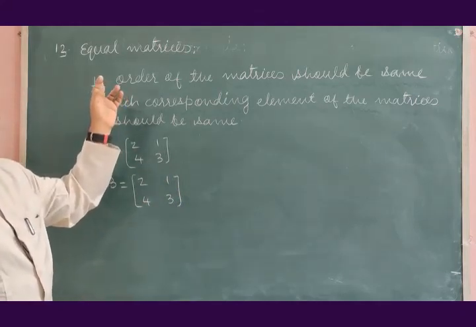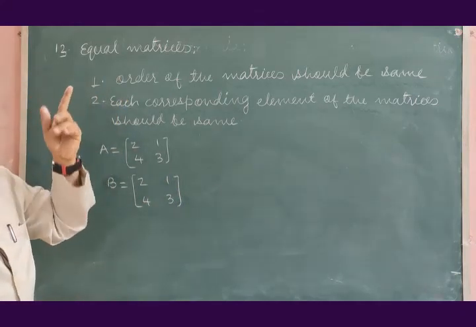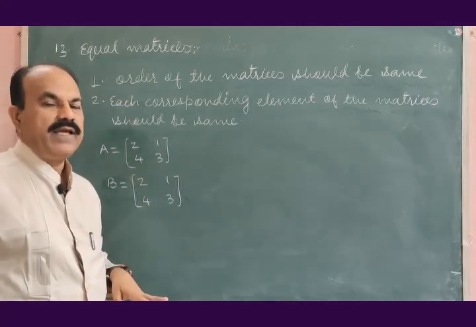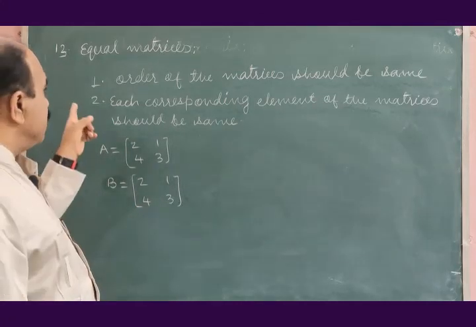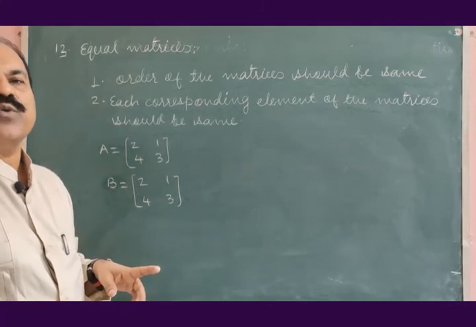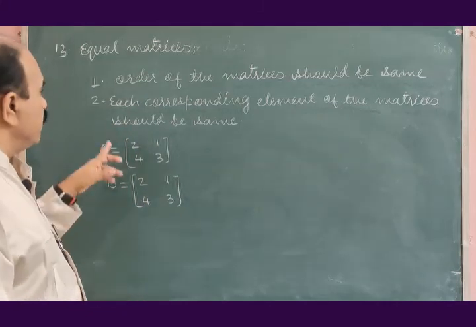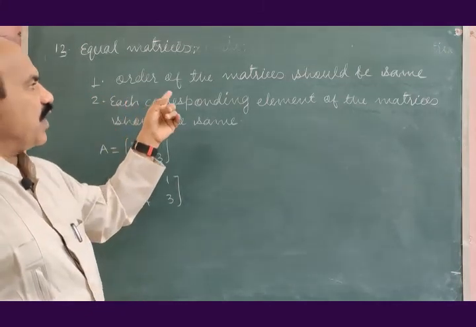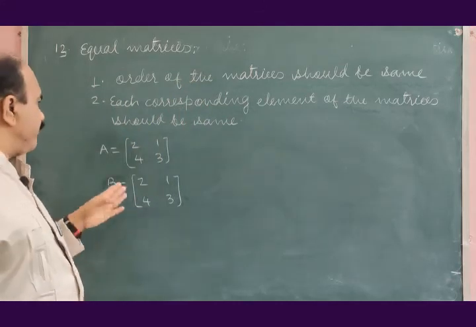Two matrices will be said equal matrices if and only if these two conditions are obeyed. What is the first condition? Order of the matrices should be same.